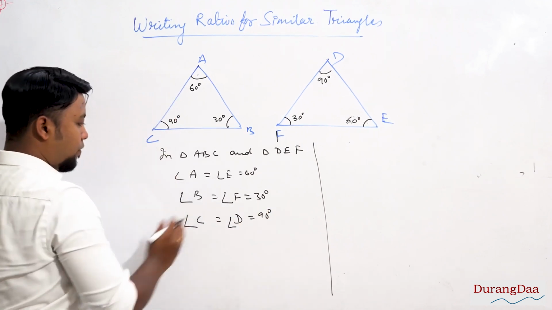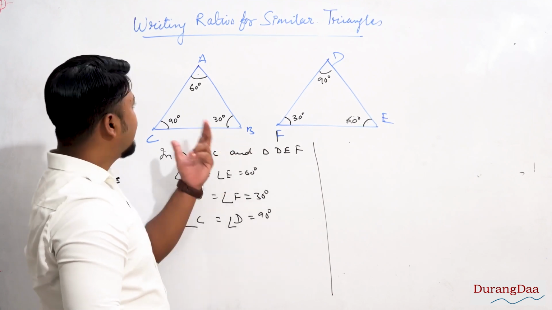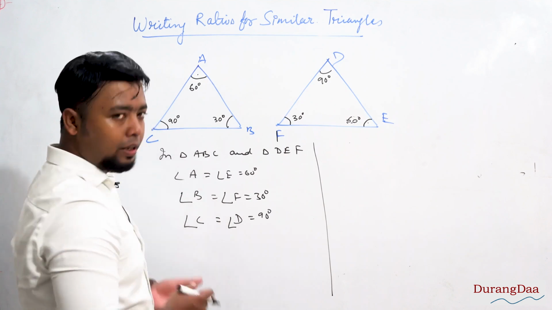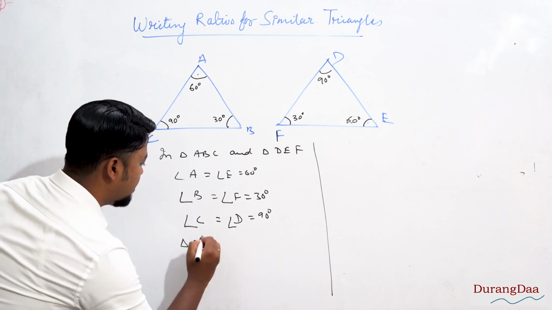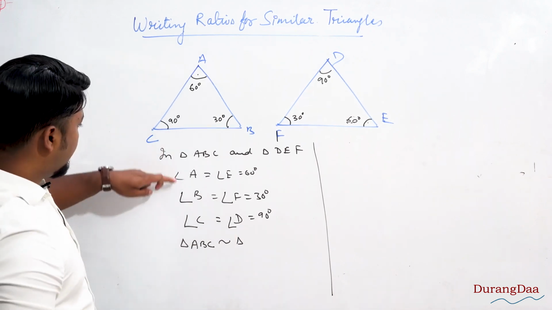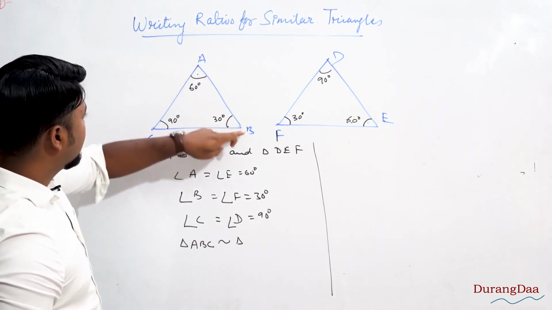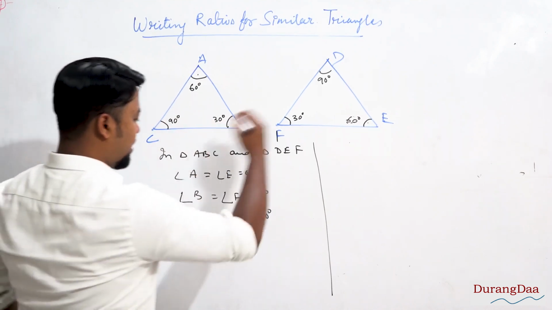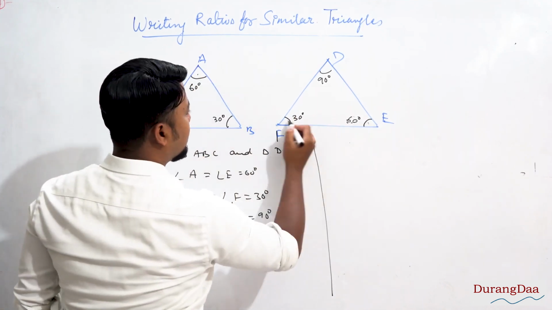Now we have the angle postulate. It states that at least two pairs of corresponding angles should be equal. So we have got three pairs here. Directly we can write triangle ABC is similar to triangle, ABC was 60, 30, 90, so here also in the same order I will choose the vertices: 60, 30, 90.